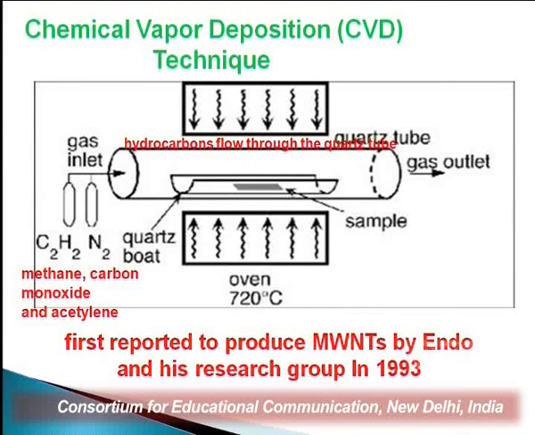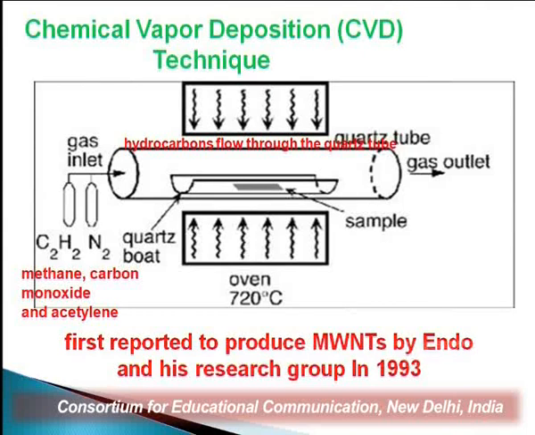In the diagram we see that inert gas is passing inside the tube, and the sample is put in the boat-shaped quartz cuvette. Here in the middle we have the quartz boat where the sample is deposited.